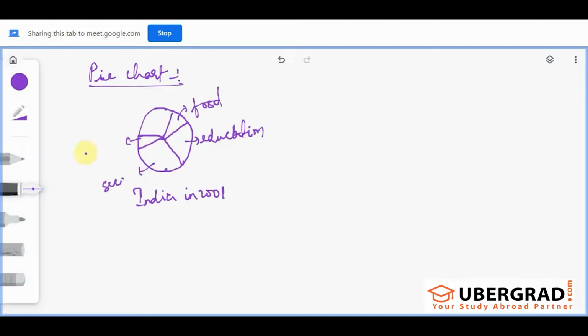Okay, this is transport, and this is imports. So this is India in 2001. Similarly, we have another pie chart which shows the same entities in some other year.